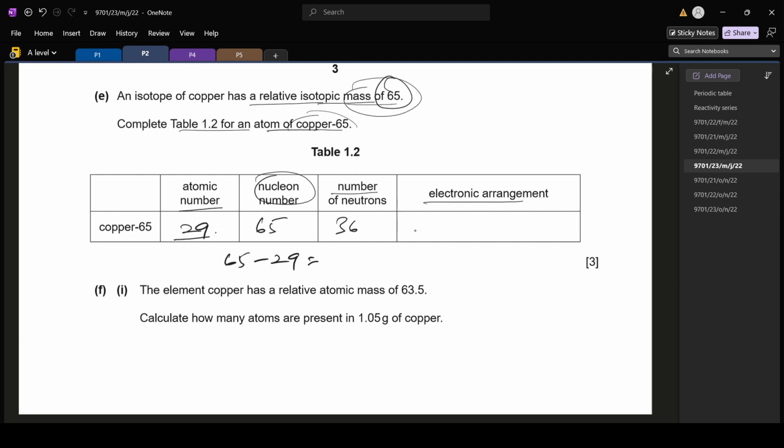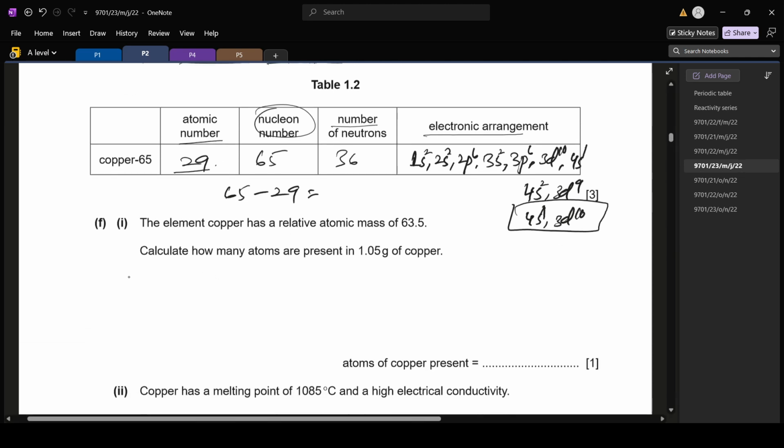So what will be the electronic arrangement? 1s2, 2s2, 2p6, 3s2, 3p6, and then we have 4s2 and 3d9, but we will write here 4s1 and 3d10 because this will give the stable 3d shell. Okay, so this will be 3d10 and 4s1. So this is the electronic configuration of copper.